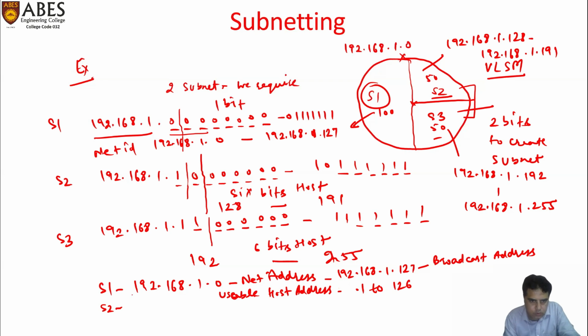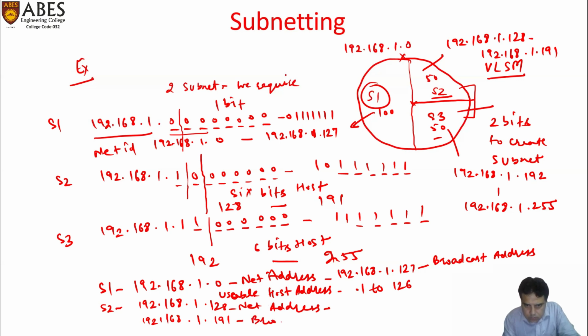For subnet S2, 192.168.1.128 is the network address, and 192.168.1.191 is the broadcast address for subnet S2.